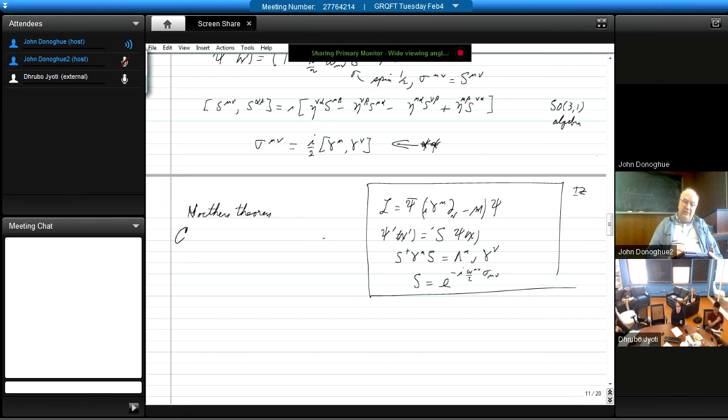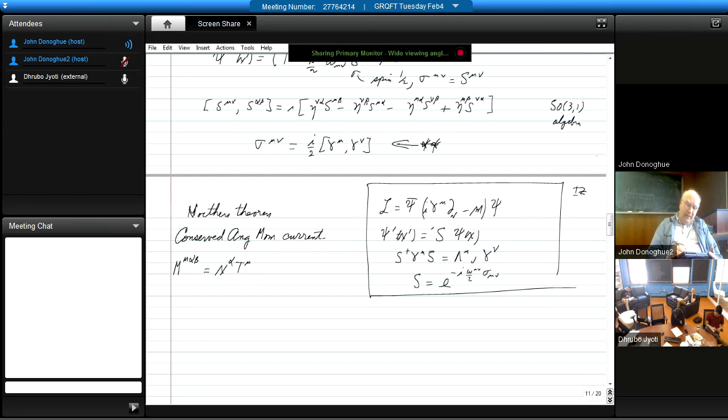But the key feature here is that Noether's theorem gives you a conserved angular momentum current. Okay, so M mu alpha beta. The alpha beta is the transformation, the thing that we're doing that involves rotations. Mu is the current index.